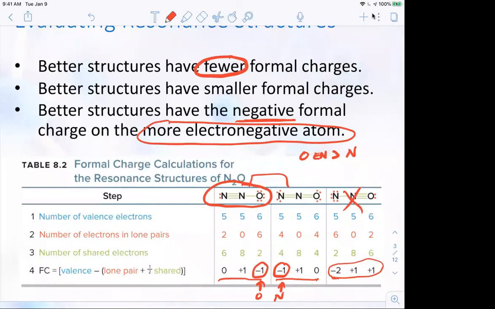I have fewer formal charges, smaller formal charges, and my negative charge is on the more electronegative oxygen atom. This one would be second, and this one would be third. This would be the main contributor for the resonance hybrid. So it's going to look in nature a lot more like this one than this one. And then this is going to have a little bit more of an impact than this one as well.